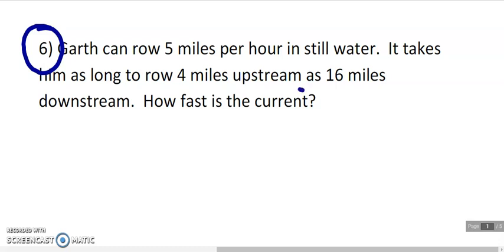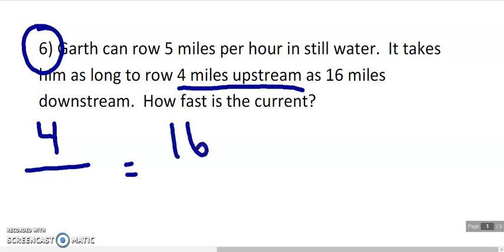He can go 4 miles upstream. So the 4 is a distance. It's going to go on top. On the other side, he's going to go 16 miles downstream. The times are equal, so that's why I'm putting the equal sign.